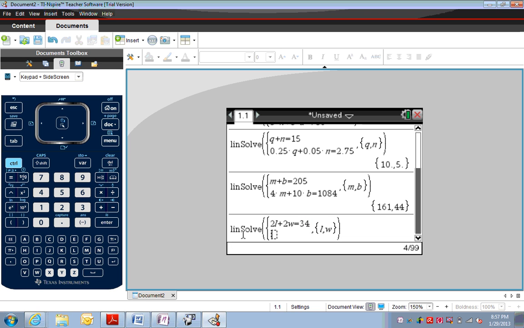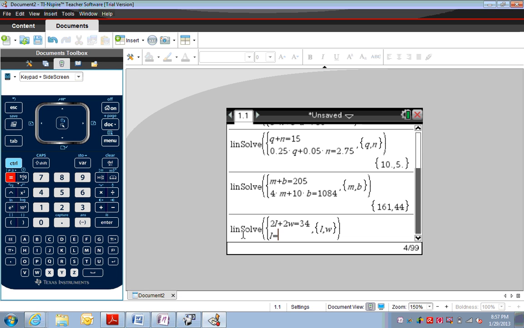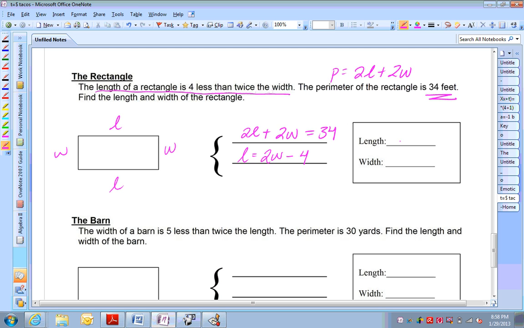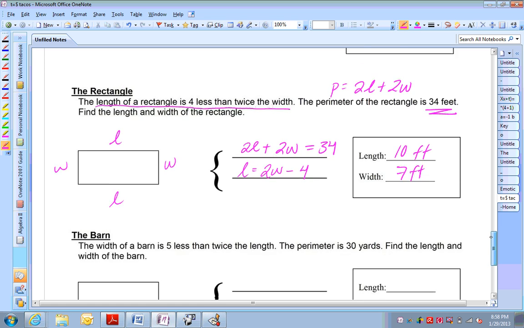And then L equals 2W minus 4. Hit enter. And you realize that the length, which is our first variable we defined, is 10 feet, and our width is 7 feet. So that's what we're going to type in. We are writing on our worksheet 10 feet for the length and 7 feet for the width.